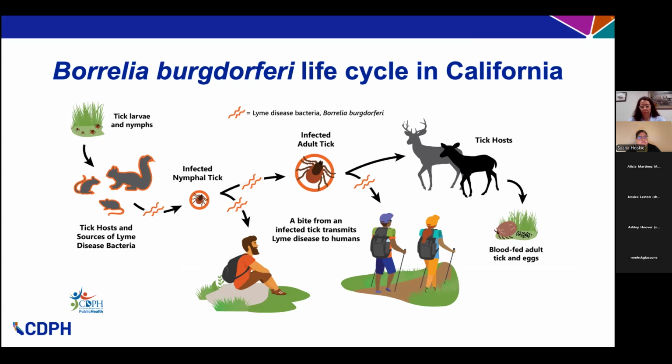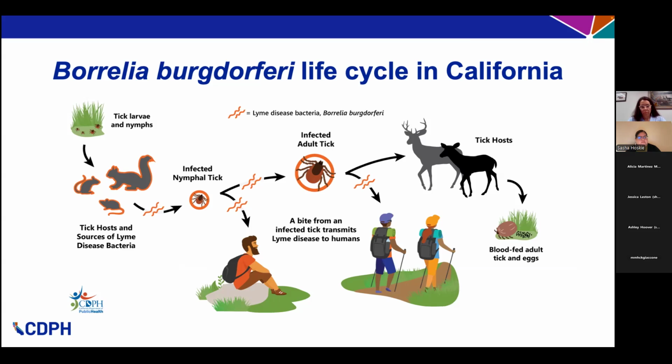And so you see here this infected nymphal tick. Sorry, I don't have a cursor, but that first infected nymphal tick may go on to bite someone who is sitting on a rock on the side of a trail somewhere. So those nymphs are in areas that are closer to the ground.